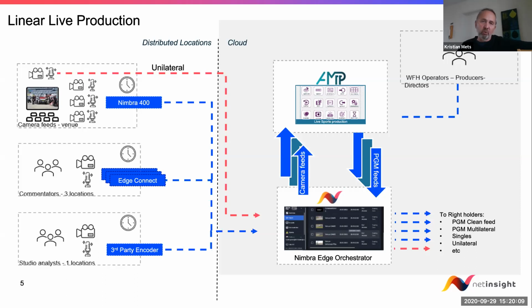First, you have the transport accuracy. So the Nimbra Edge system is time stamping all the UDP or RTP packets, so that we can ensure based on NTP timing that all inputs from any location can be egressed at the same time, regardless of the delay that you ingest into the system.